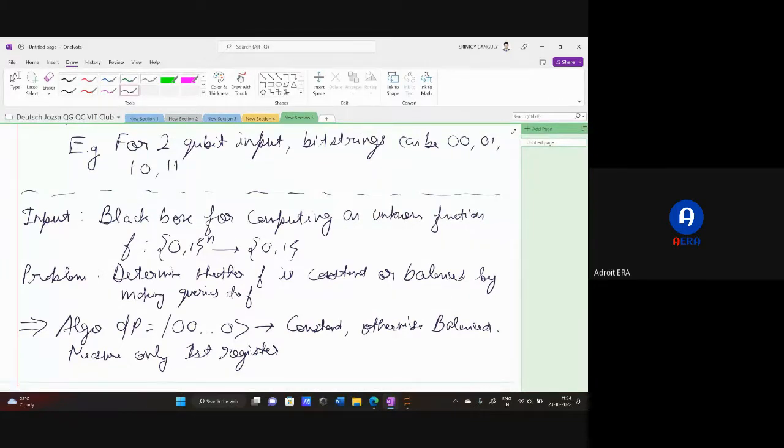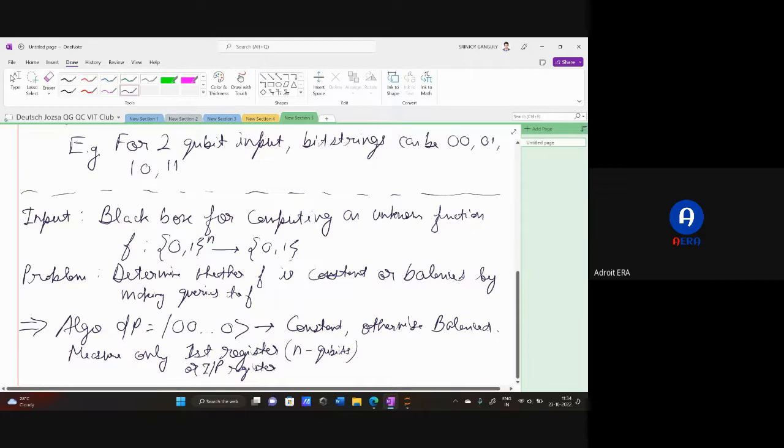So the first register will have n qubits. Okay, this is your input n qubits, and this is also known as the input register.